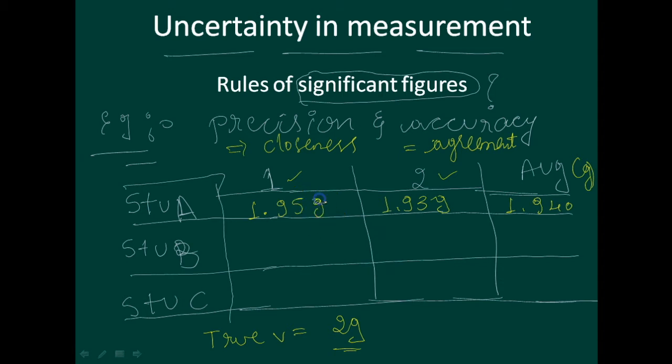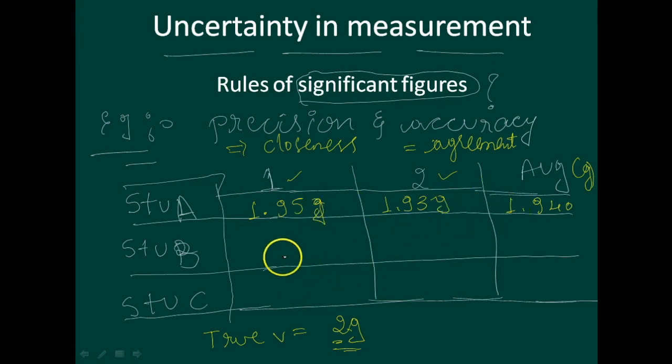These values are precise as they are close to each other, but they are not accurate. Precise means they are very close to each other; 1.95 is close to 2 gram, correct, like 1.93. But they are not accurate.